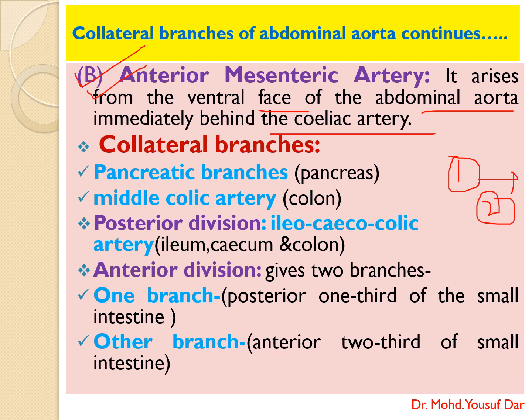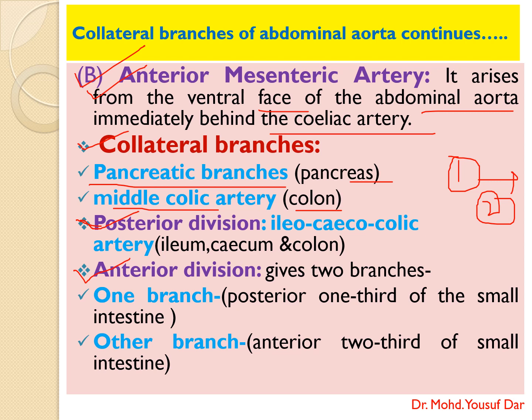The anterior mesenteric artery gives collateral branches like the pancreatic branch, which supplies the pancreas, and the middle colic artery, which supplies the terminal part of the colon. The anterior mesenteric artery finally divides into two divisions: the posterior division and the anterior division.